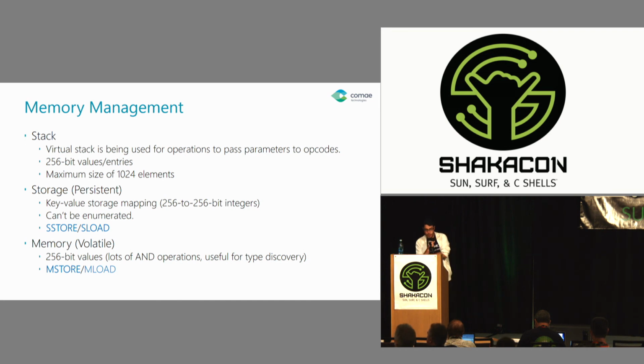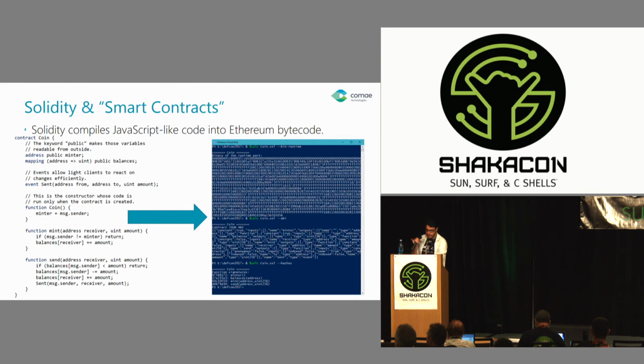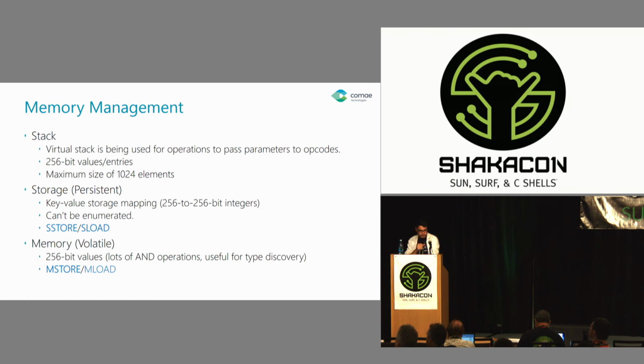And the second one is the storage. That's basically the key value storage mapping. If we go back in that contract, that would be the balance at the beginning. It can be enumerated internally, and when we look at the Ethereum assembly code, it's going to be easily recognized through the storage store and storage load instructions.